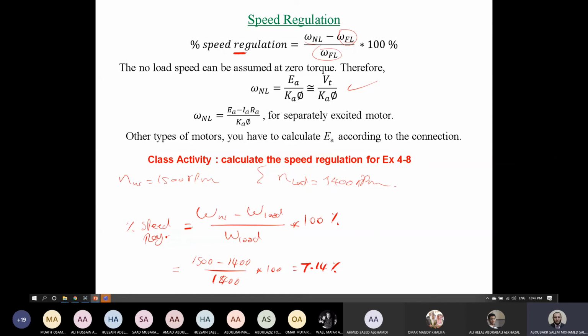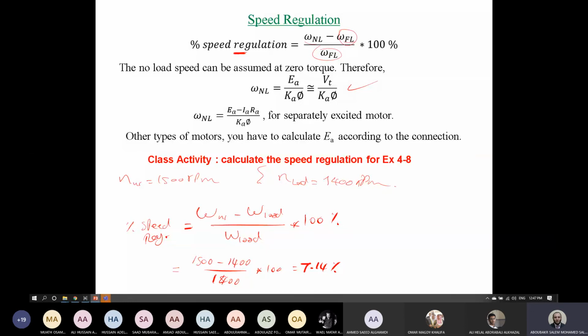Simply, you have the no load voltage for the generator. If the generator is at no load, the output voltage will be the value of the generated voltage, EA. And if the generator is loaded to a certain value of load, the value of the output voltage will be VL. So it's nothing but EA minus VL.